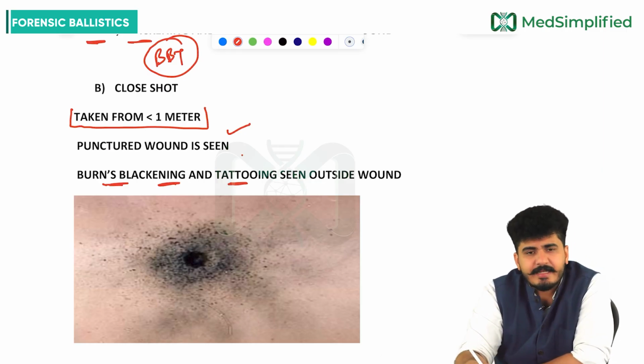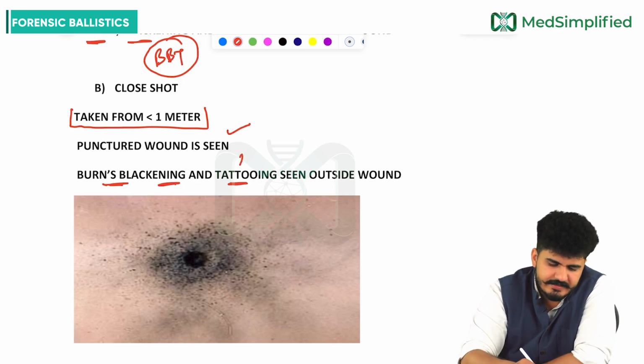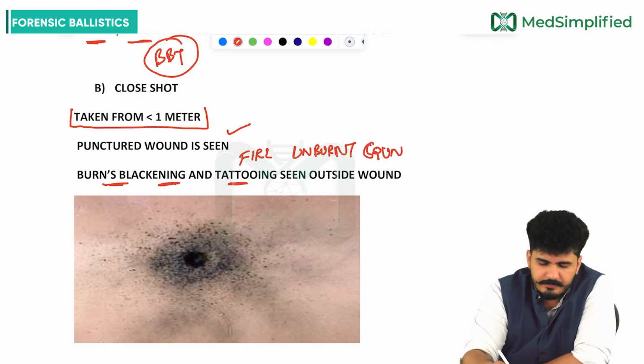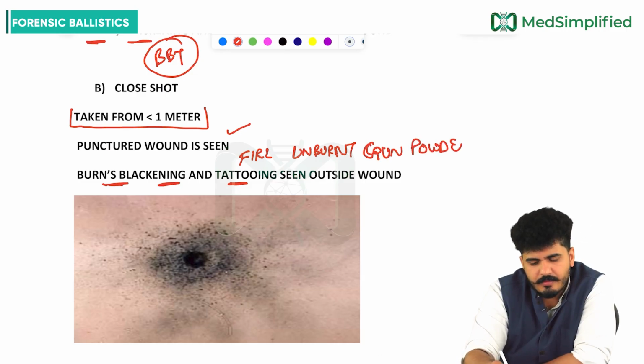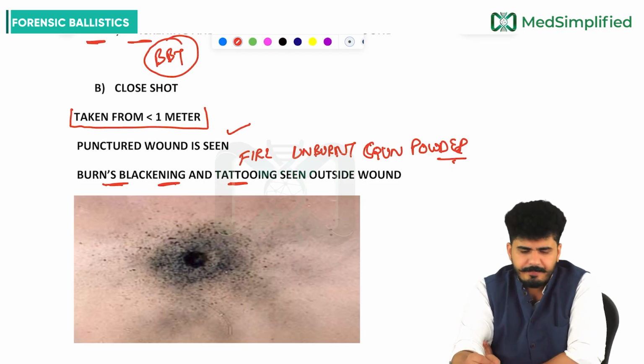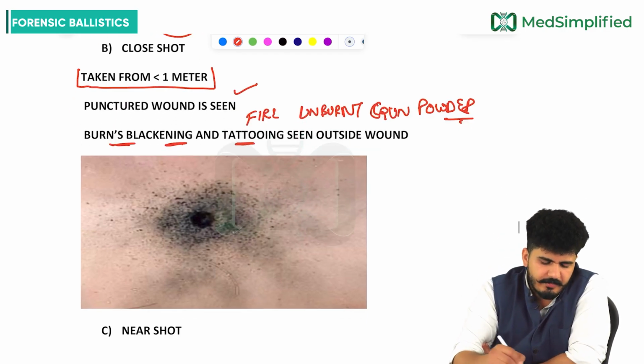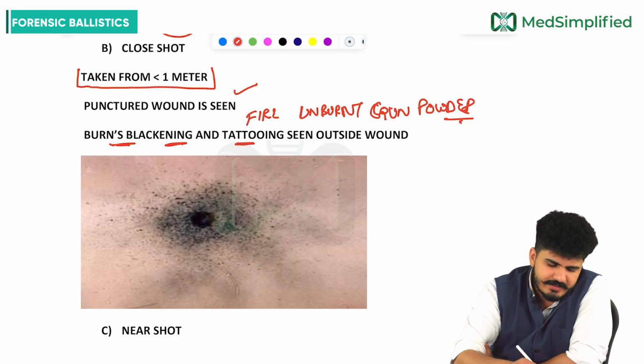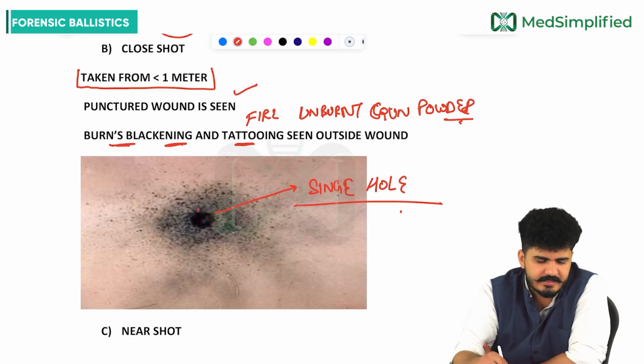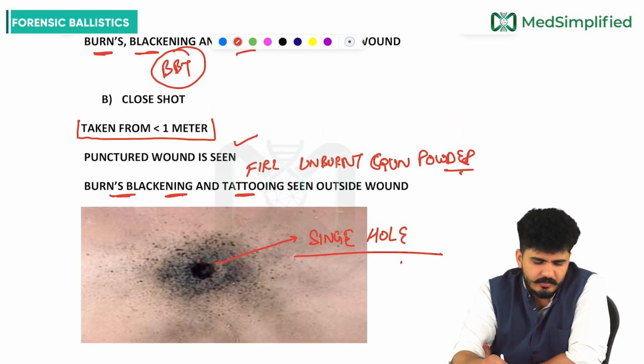Again burning, blackening, tattooing is seen because fire is there and unburned gunpowder was there. But you will see there will be a single hole. That is why we can easily detect this is a close shot.